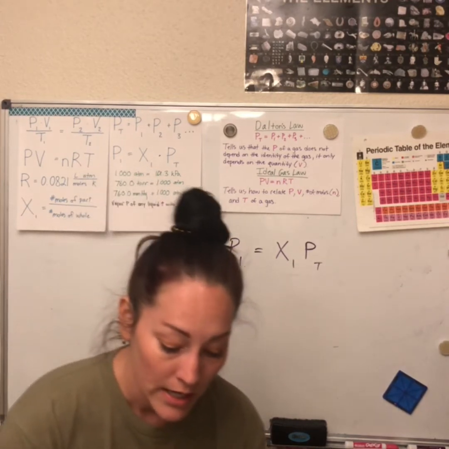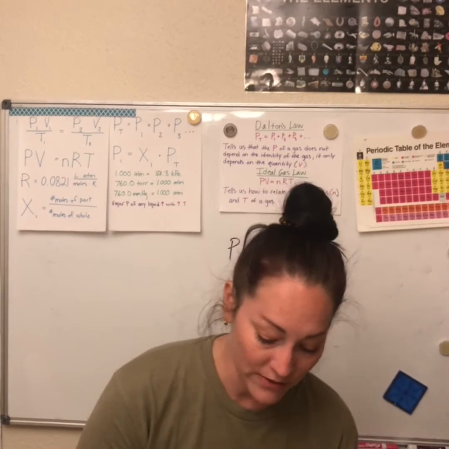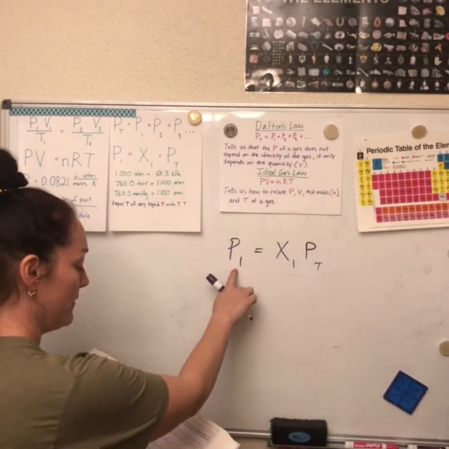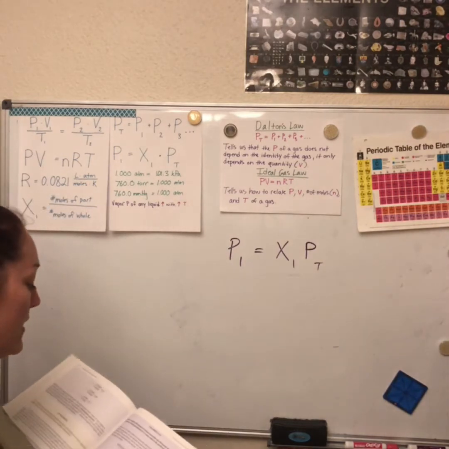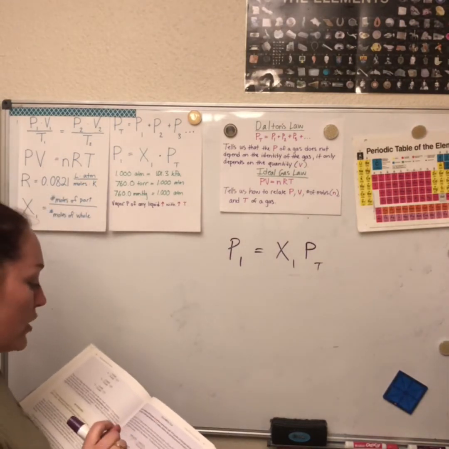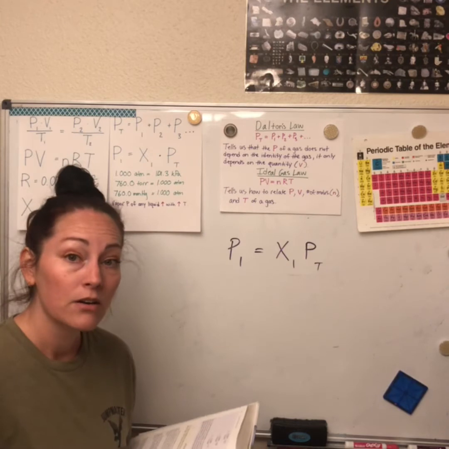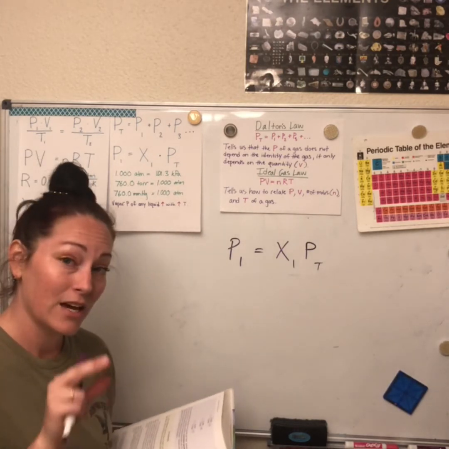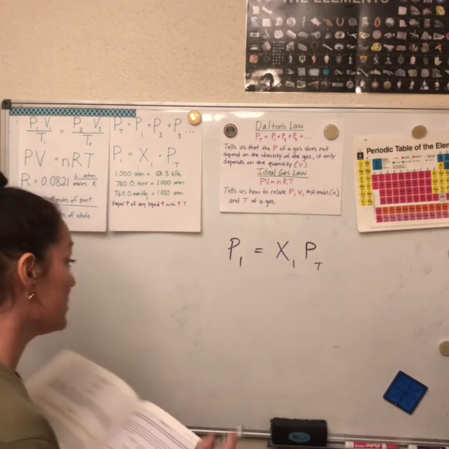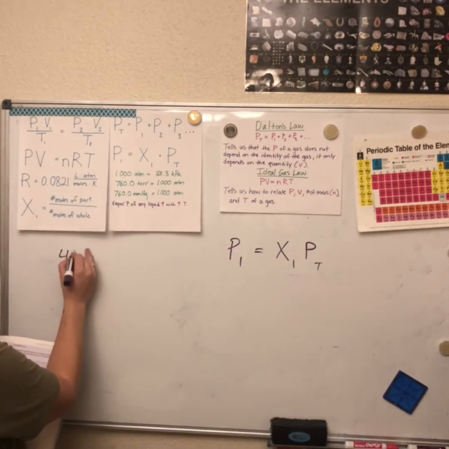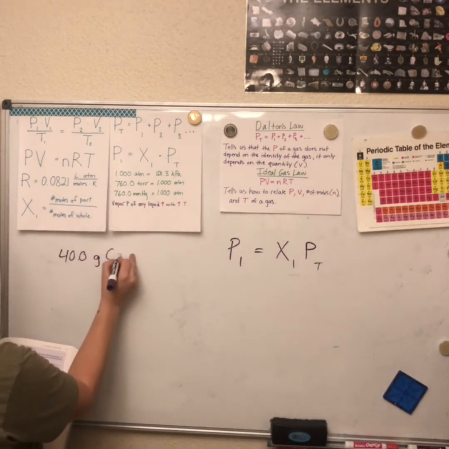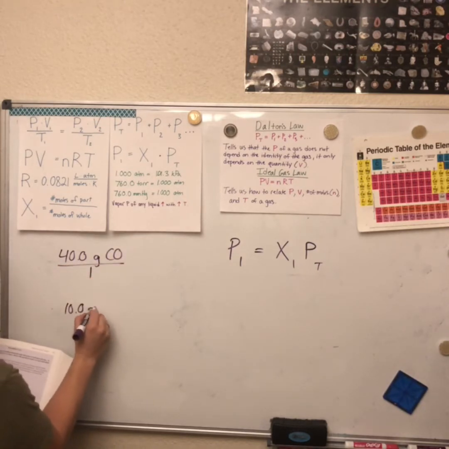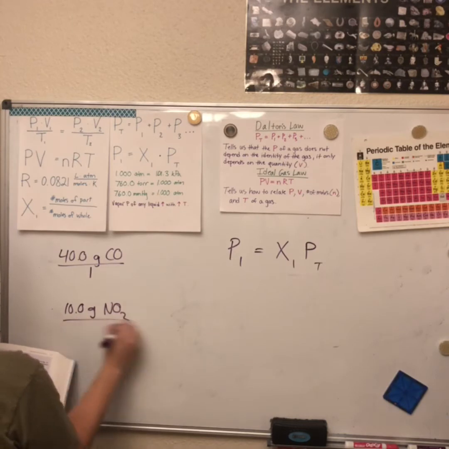Okay, so if we know the total pressure of the gas mixture and the mole fraction of each, we can calculate the partial pressure. That's what they want us to find. Okay, so they gave us grams. That's okay. We've done this so much with stoichiometry, and we know how to take grams of something and change it to moles. So I'm going to do that off to the side. They gave us 40 grams carbon monoxide, and they gave us 10 grams nitrogen dioxide.